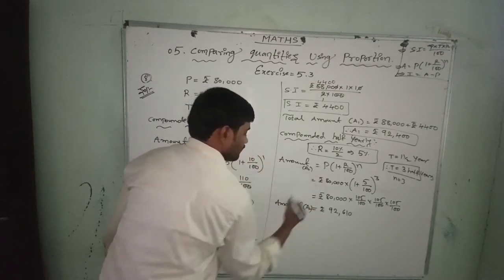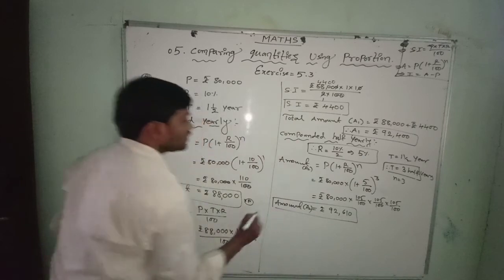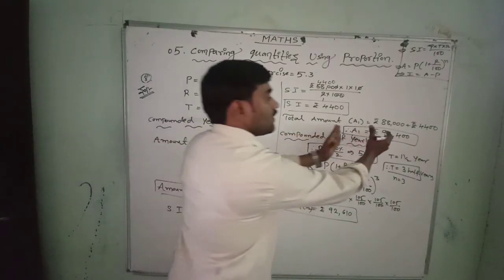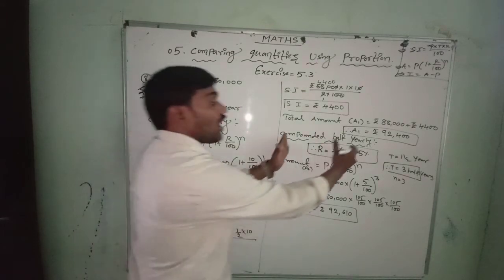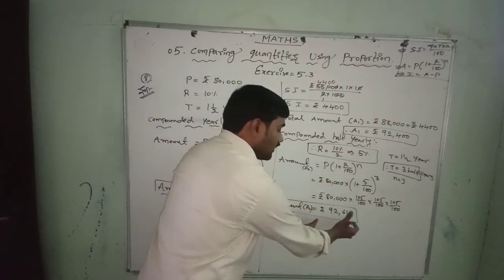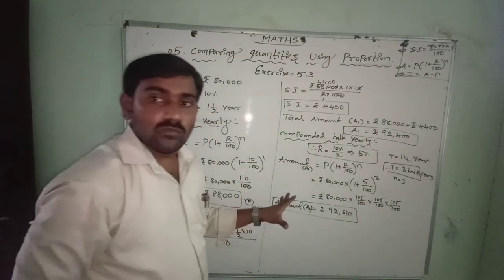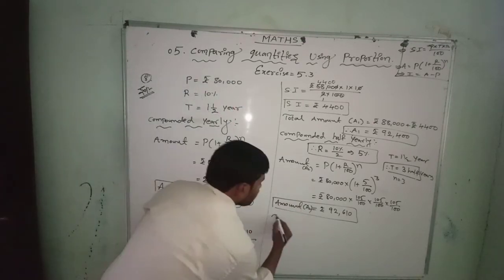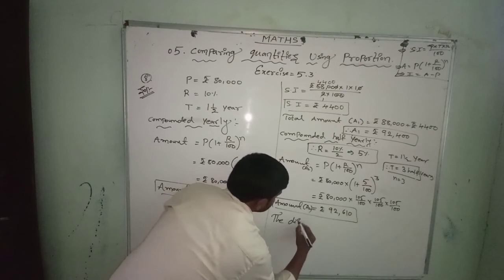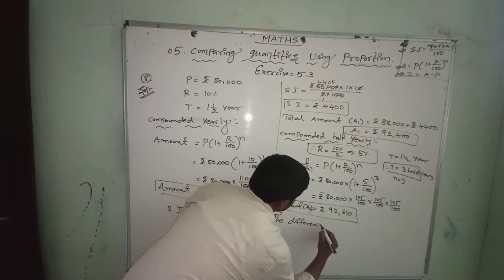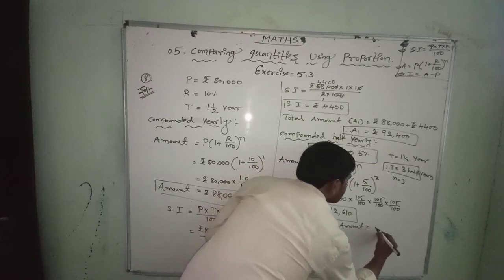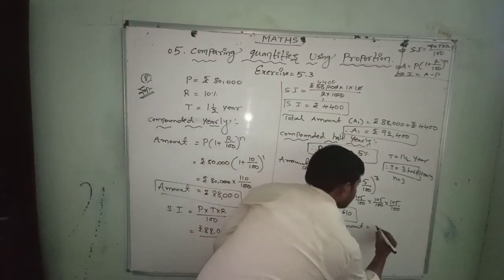Now we got A1 and A2. Amount when compounded yearly we got A1, and when compounded half yearly we got A2. So the difference in amount is A2 minus A1.